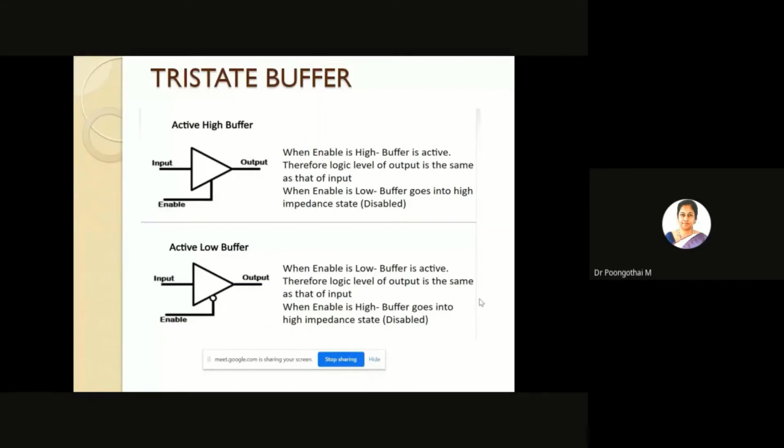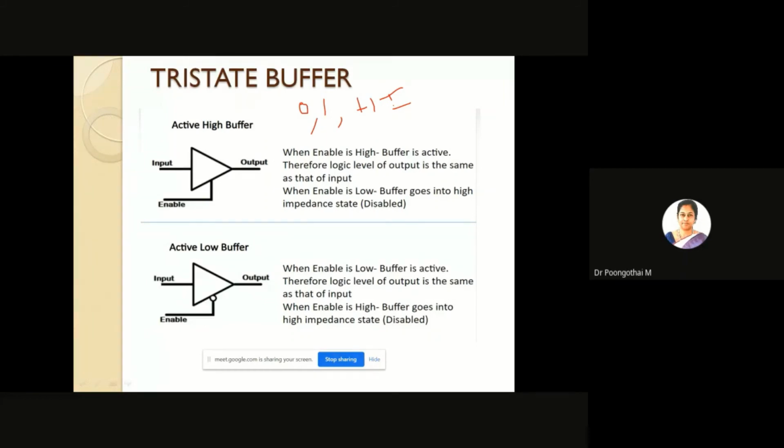But here, tri-state logic devices have 3 states: logic 0, logic 1, and high impedance state. So all the devices are configured as tri-state devices, consisting of 3 states: logic 0, logic 1, and high impedance state.